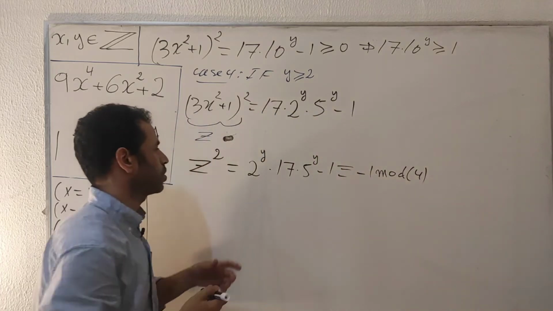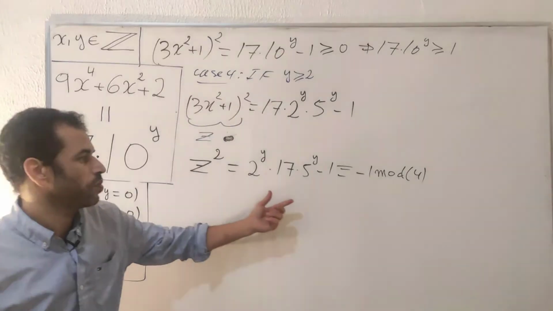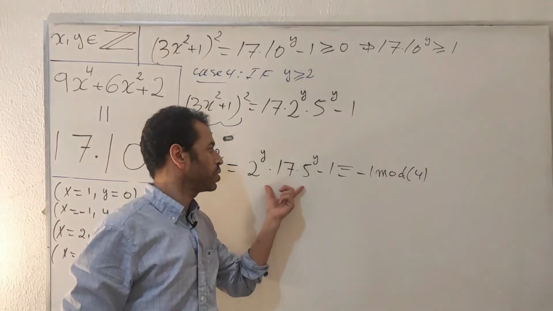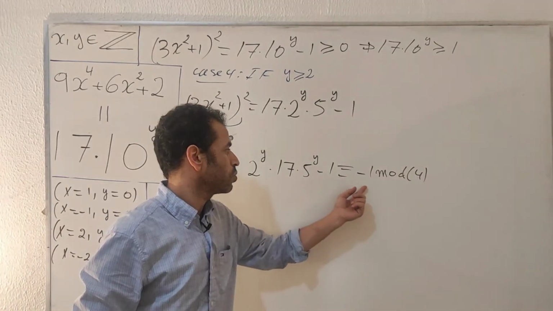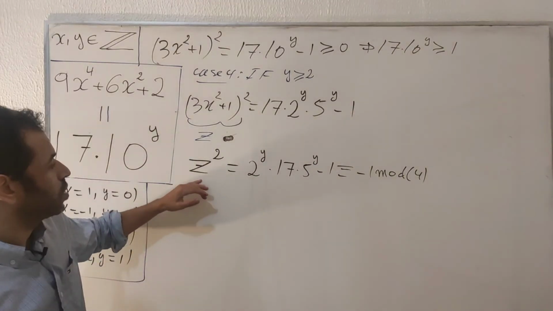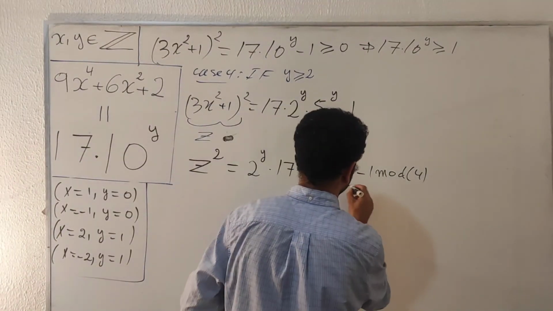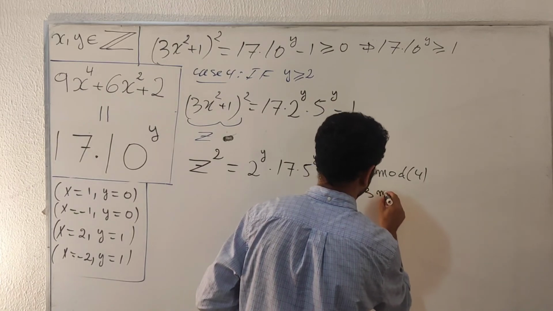As I said before, 2 to the y will be divisible by 4, so the whole product will be 0. I get minus 1 mod 4. Now let's compare the remainder. Adding 4 here, I get that this is congruent to 3 mod 4.